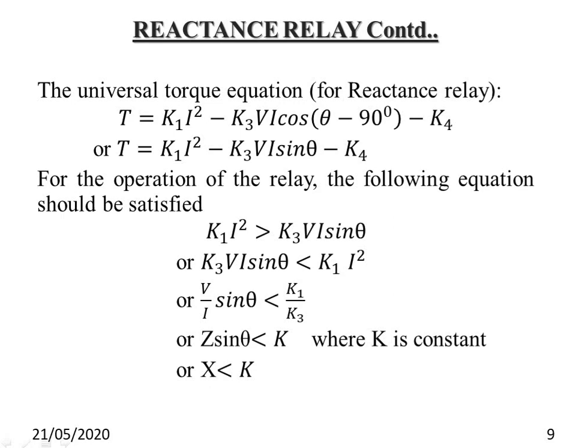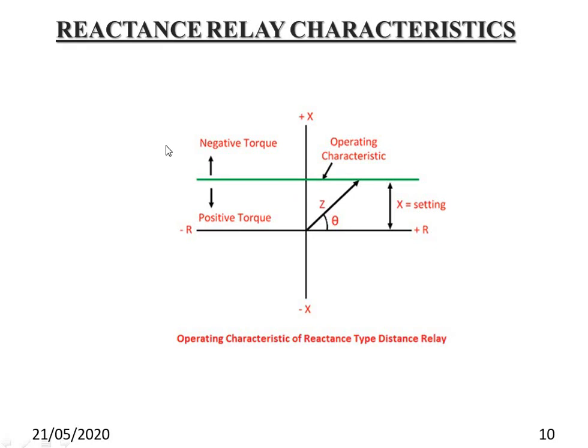Now if you see the RX diagram, you can see R plus, R minus, X plus, X minus. Now what will be the reactance diagram? Z sin theta is a straight line, so this will be a straight line parallel to the R axis or the real axis. Now this is the Z line, so it is the theta. Now Z sin theta is this line.